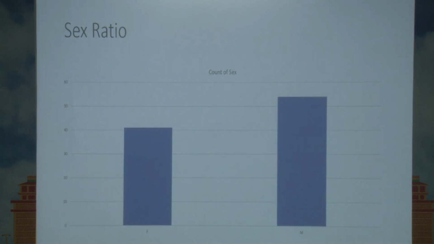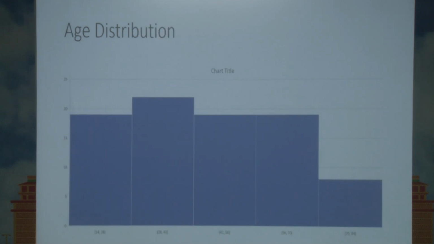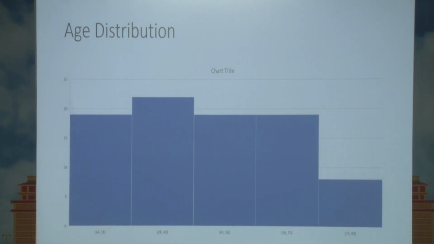So in our 100 patients, this was the sex ratio, lesser number of females as compared to males. And the age distribution, as you can see here, the problems with dry eye are more in the working population and lesser in the age groups where we would expect more dry eye to be there.